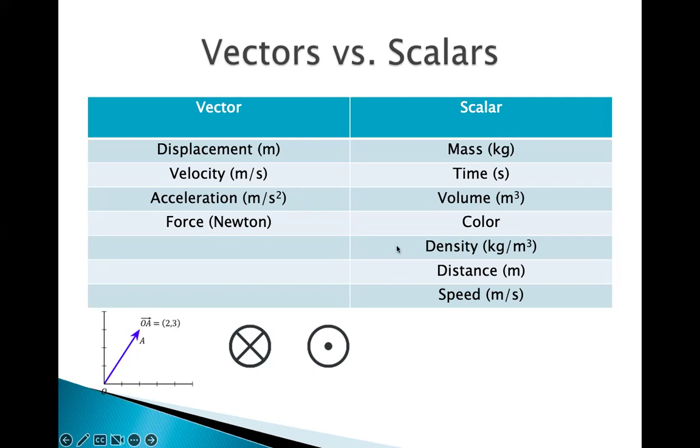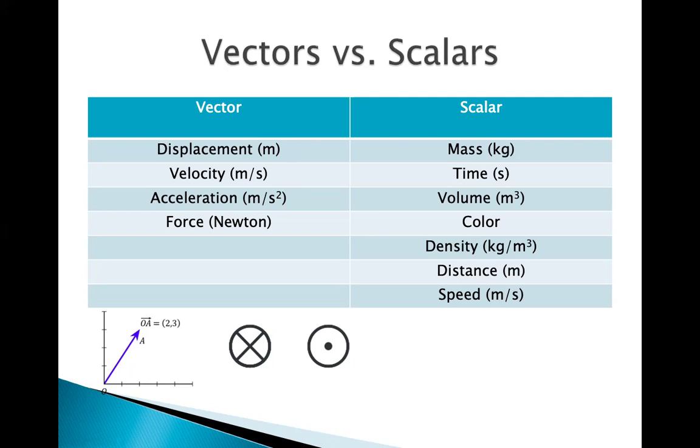So velocity is speed plus direction. Displacement is distance plus direction. So in displacement, there is more than one piece of information. Not only does it tell you the distance, it also tells you which direction.